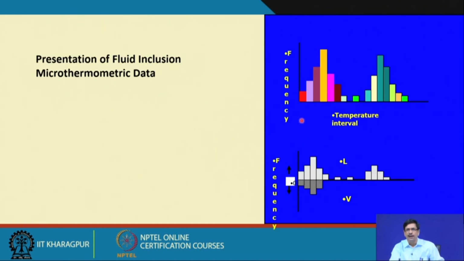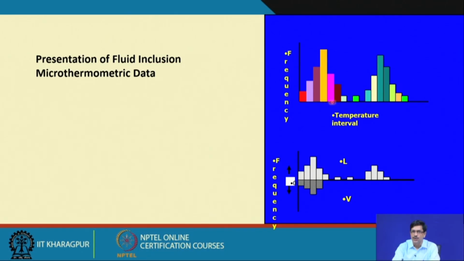We can represent the data, because once we measure a huge population of such inclusions, we get ranges of temperature, and we would like to plot or present them to make some statistical sense.